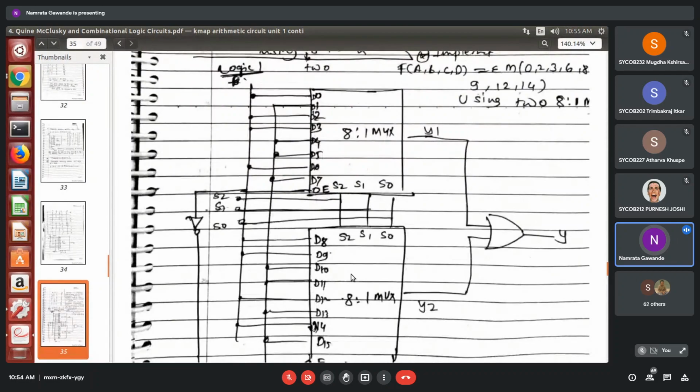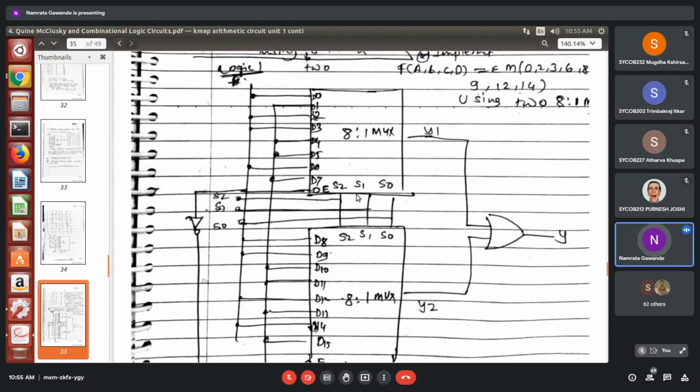This is the first part. So total D0 to D15 data inputs are given.